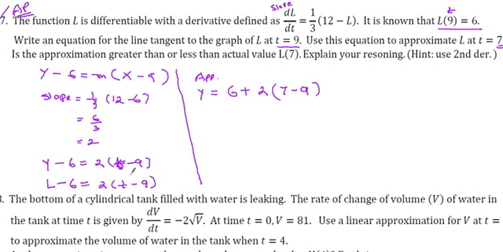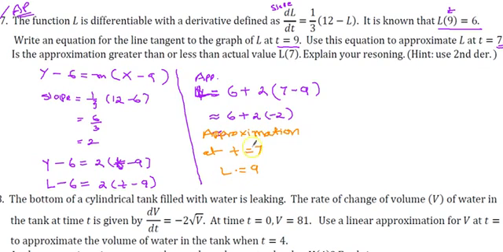Let's use the correct notation: L is equal to 6 plus 2 times (7 minus 9). The approximation is 6 plus 2 times negative 2. Whatever that answer is, you don't have to simplify, just leave it there. This is your answer: the approximation at t equal to 7. It comes out to 2, I guess.